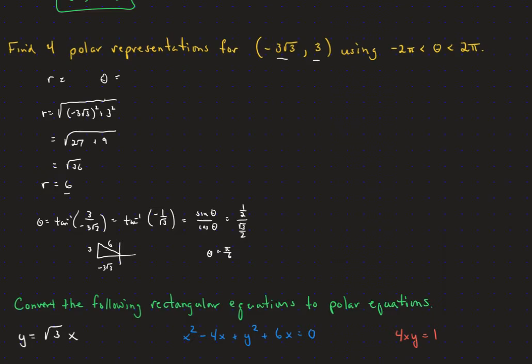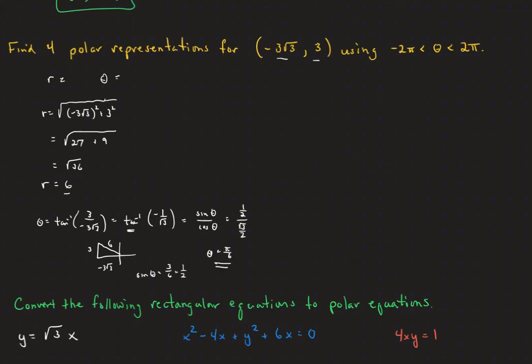So now we can turn it into a sine or a cosine rather than a tangent, which tends to be pretty difficult. So we could say the sine of this angle theta is opposite over hypotenuse, and there's our 1/2, which is again going to give us a reference angle of pi over 6.